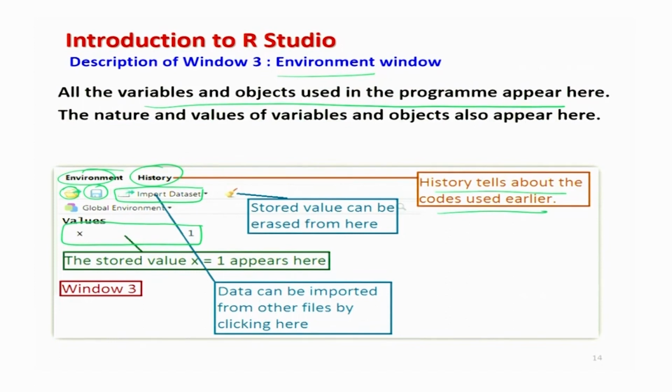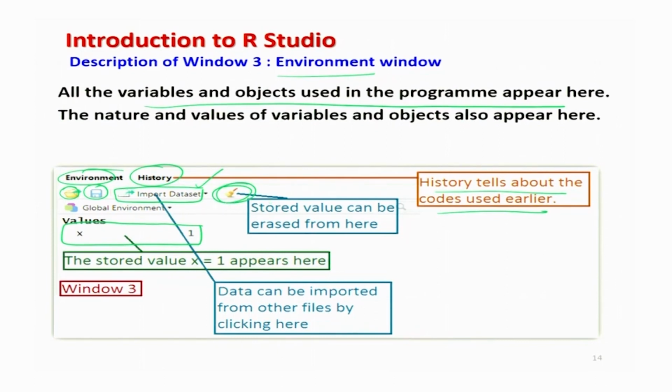So this is about the imported data sets. And in case you want to erase the stored values here, there is a button like a broom. You can just click here and the stored values can be erased.